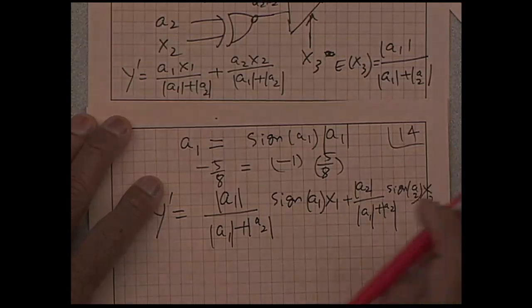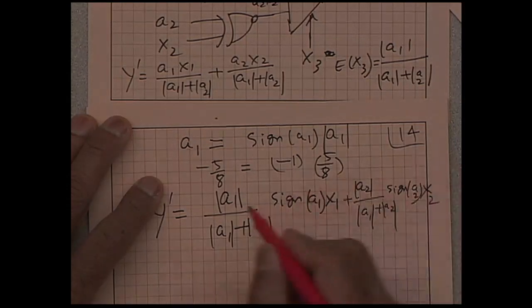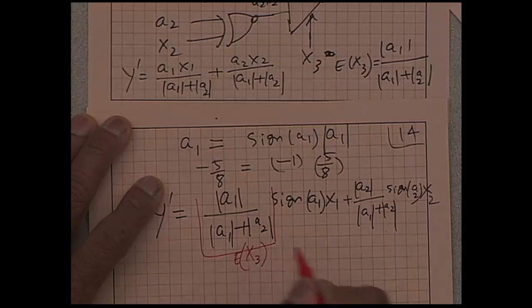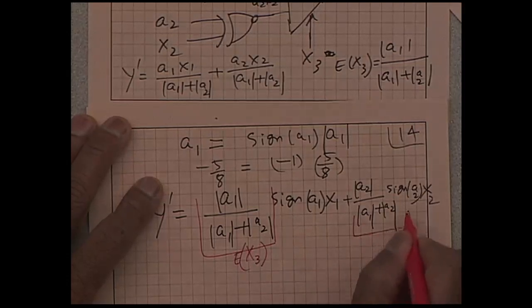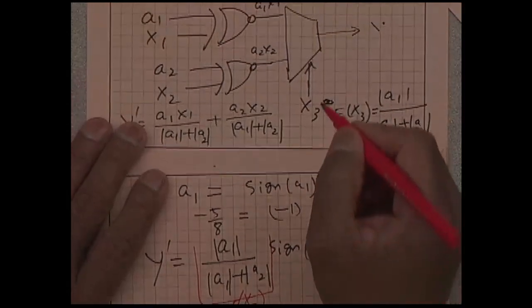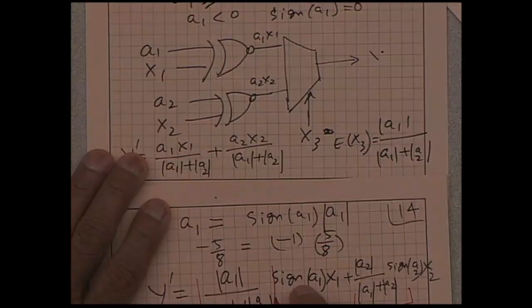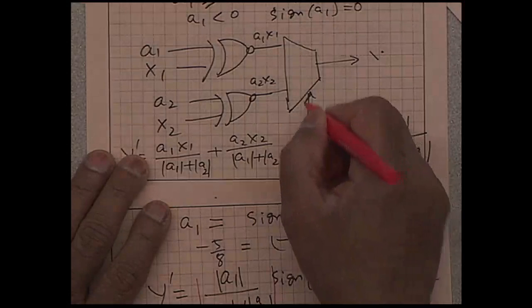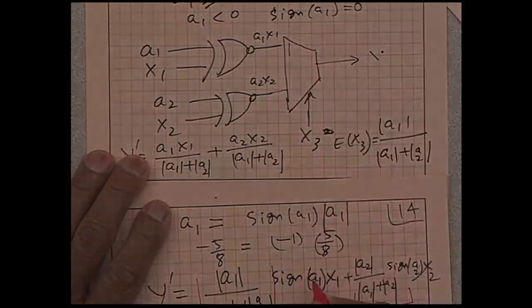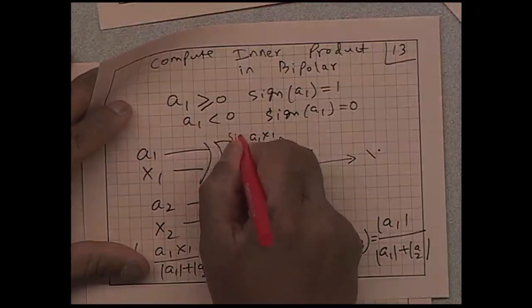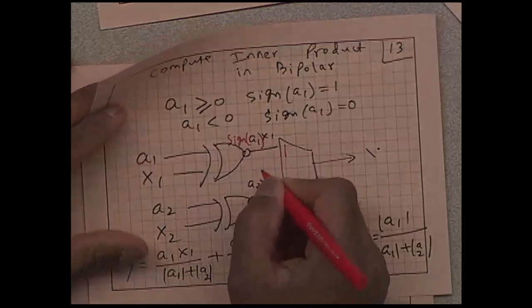Now if I think of this as a control signal value x3, expected value of x3, and this is going to be 1, I want to input sine of A1 times x1.